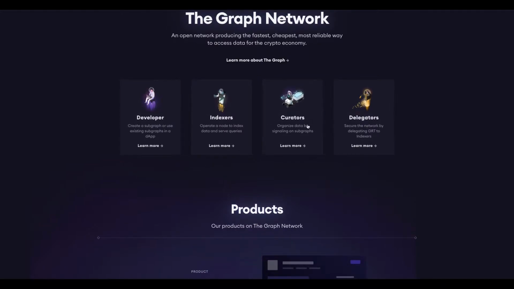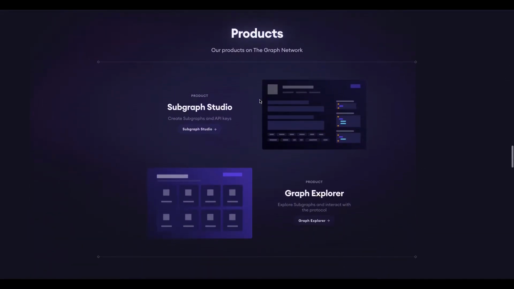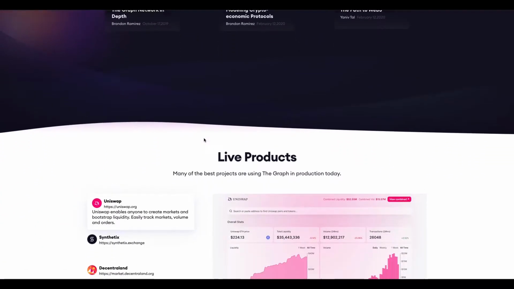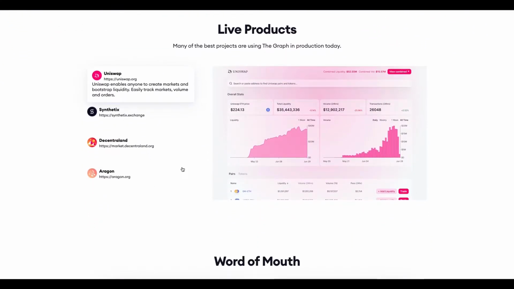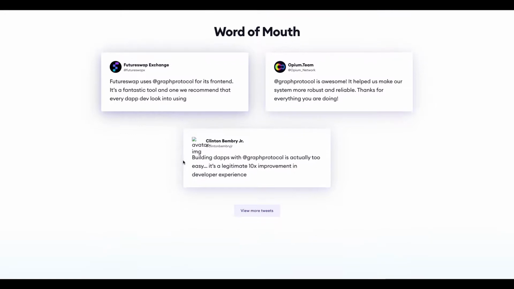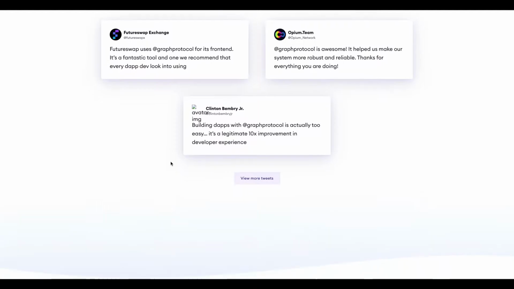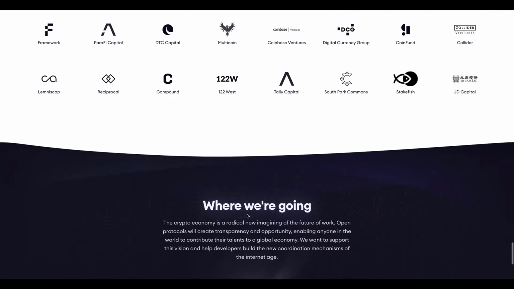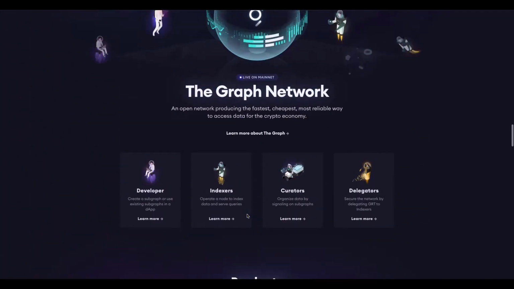These are the 4 groups of people that help to contribute to The Graph network. The Graph products, readings. The Graph has a blog on here. Live products that are using The Graph. And some comments and tweets about The Graph's protocol and what The Graph is backed by. So yeah, that's the first page of The Graph.